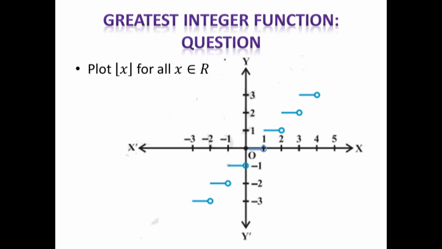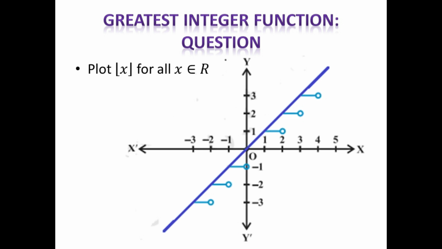Now one thing you can notice is that if you draw y equal to x line, it is always on the right side of it. So after this we will also see least integer function, and once you see its plot, you will realize that every time you feel that you are getting confused, you can also look at it like this.